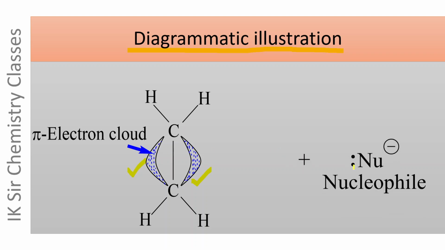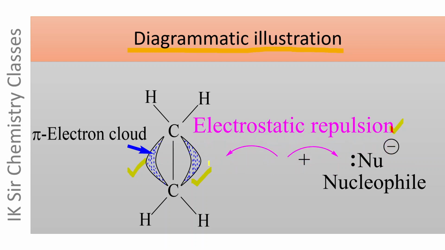If a nucleophile containing an electron pair and negative charge approaches the free ethylene molecule, an electrostatic repulsion takes place between the pi electron cloud and the negative charge of the nucleophile. As a result, the nucleophile is not able to attack the free alkene molecule and it is repelled away. It means the free alkene molecule is not attacked by nucleophile.